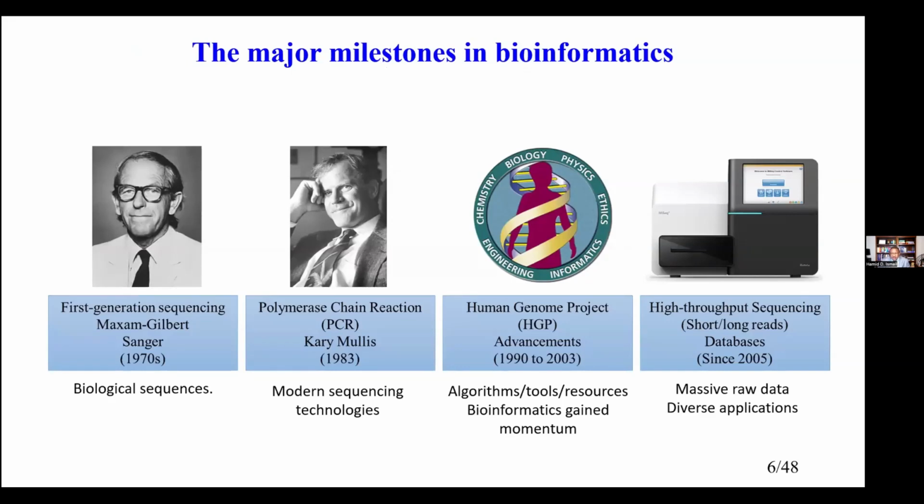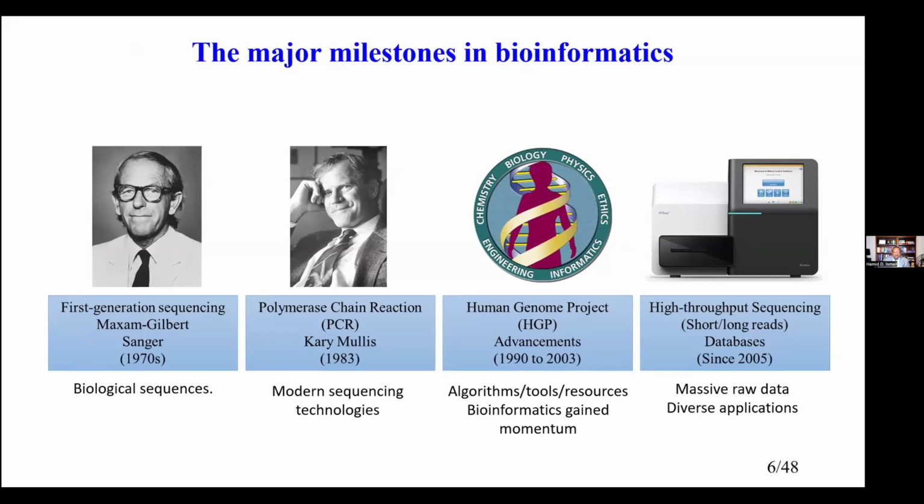Then came the era of sequencing, and by sequencing, they were able to find the sequence of gene molecules. That began with the Sanger method and Maxam-Gilbert, and this is 1970.